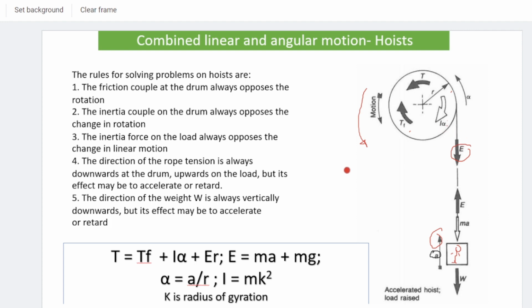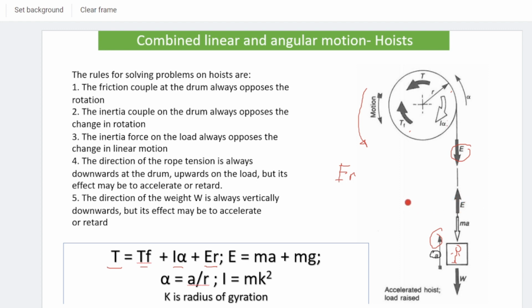And then there is also this E, this is the tension force, and if you are going to convert this one into angular motion, you just have to multiply with R. That is why you have here the total torque is equal to the frictional couple, inertia couple, and then the couple generated by this external force E, or the elevator, or the tension.